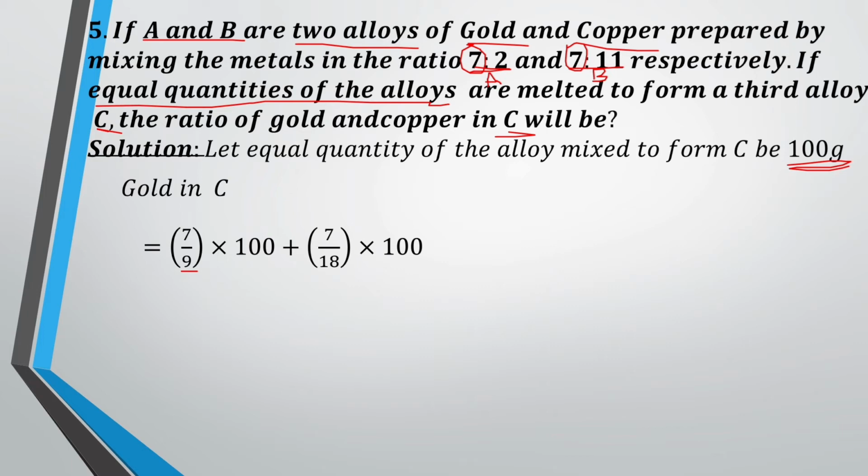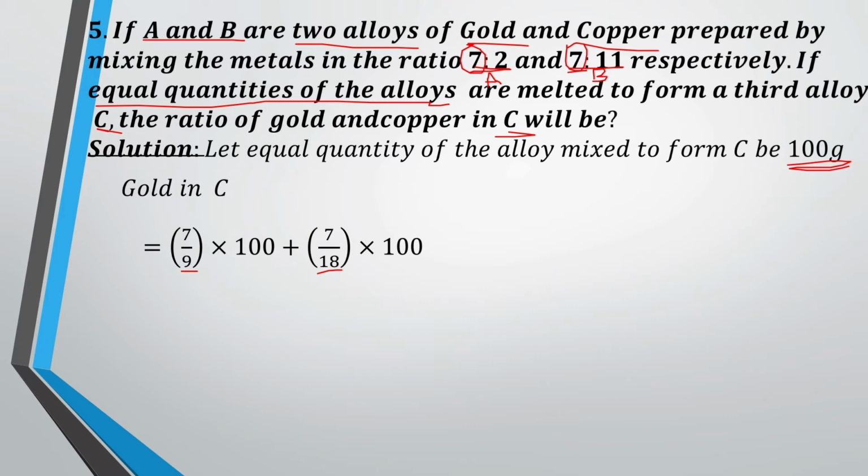Here 7 plus 11 is 18, that I have written here. So 7 by 9 into 100, where 100 is the equal quantity of alloy, and 7 by 18 into 100. I have taken the gold part in both the alloys, and I am taking only 100 grams from each.